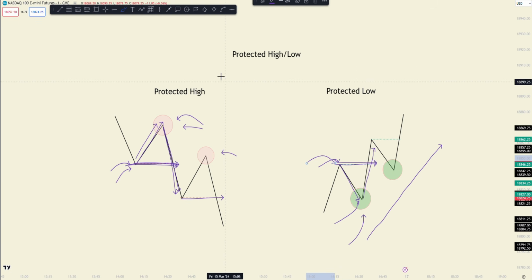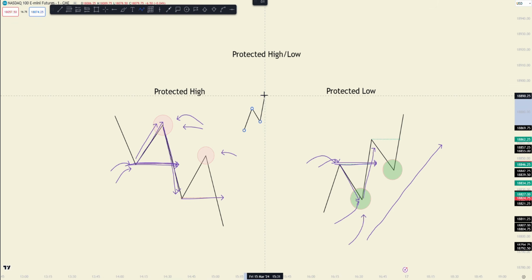Okay? And so then, when does market structure shift? Market structure shifts very simply when we have a series of protected lows and we have a closure below. So you had these series of protected lows, and we'll move this back to red, or we can do green.